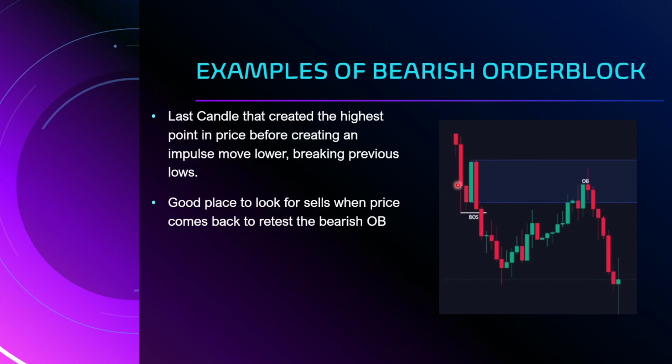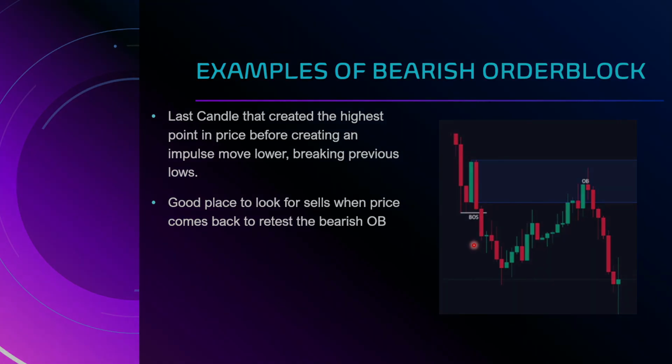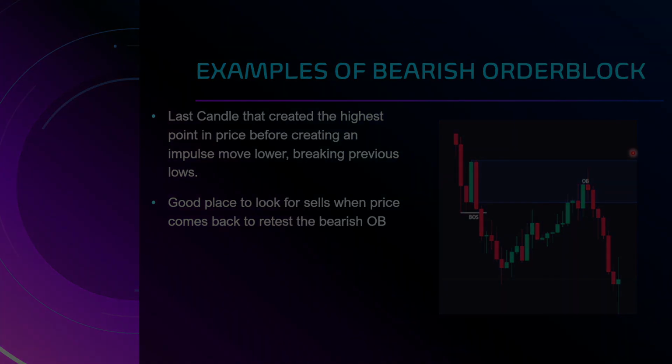Now, this is a valid order block because this order block has then created a lower low. It broke the previous lower low, making a lower high and then a new lower low. So that is why this order block is a valid order block.